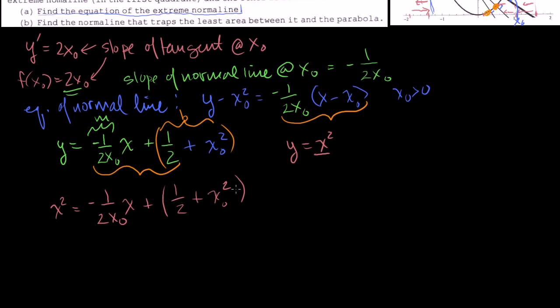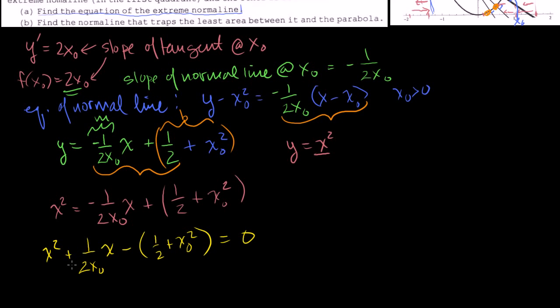So let's put all of this stuff on the left-hand side. So you get x squared plus 1 over 2 x naught times x minus all of this, 1/2 plus x naught squared, is equal to 0. All I did is I took all of this stuff and I put it on the left-hand side of the equation. Now this is just a standard quadratic equation.